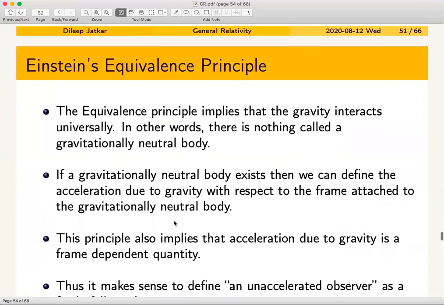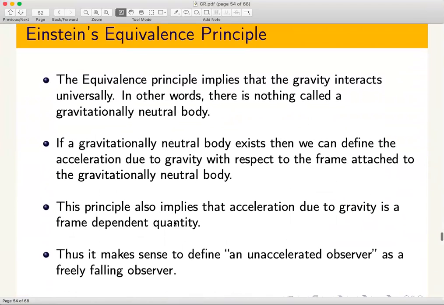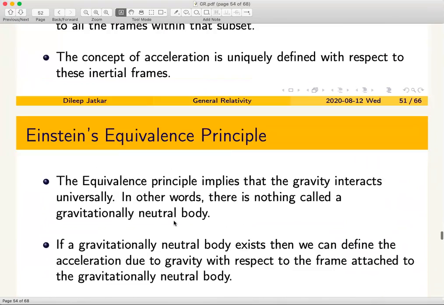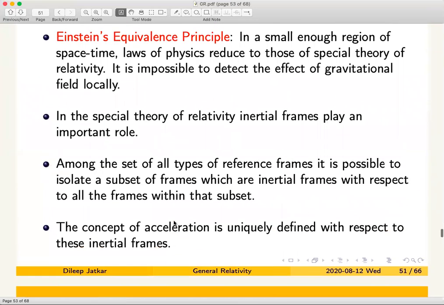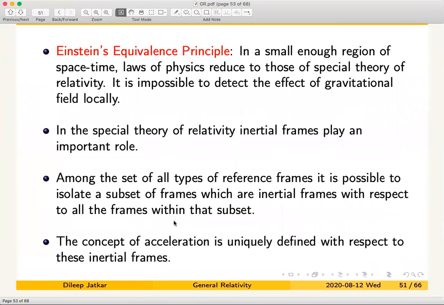Okay, so the equivalence principle implies that the... Sir, how are you defining inertial frame here? How am I defining inertial frame? Exactly in the same way that we defined in special relativity. That means the two frames are related to each other by constant velocity, or they may be related to each other by rotation.